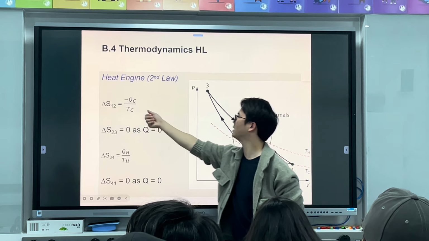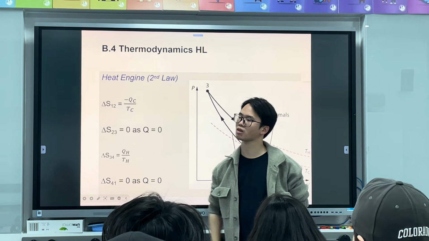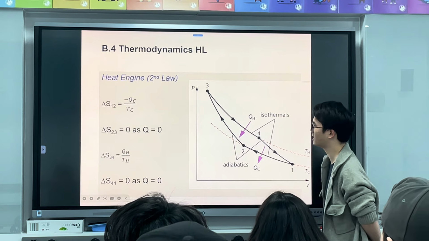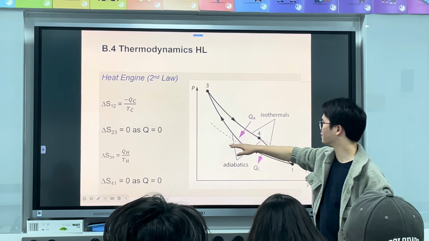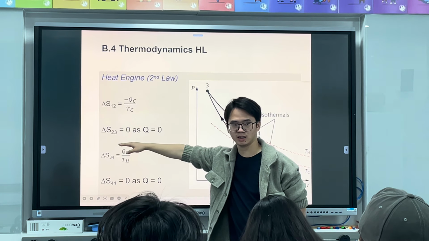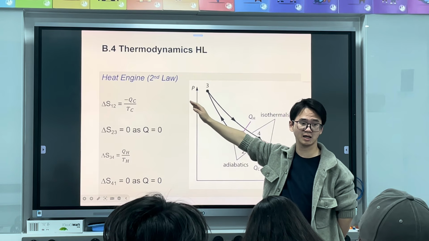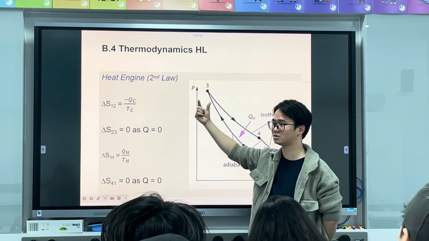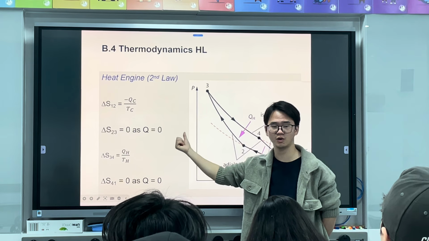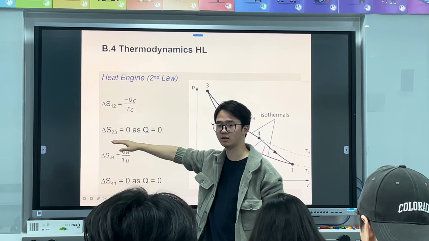So here, negative Qc. Why is it negative? Alright. Delta S23, from process 2 to 3, that's adiabatic, which means there's no heat transfer. Delta Q is 0, so delta S is also 0.